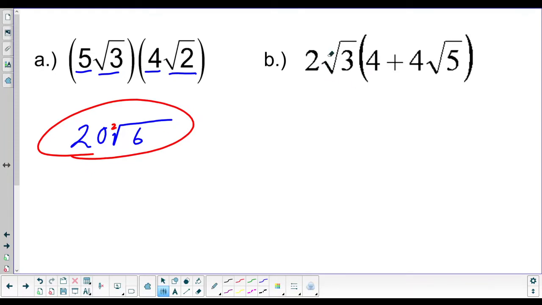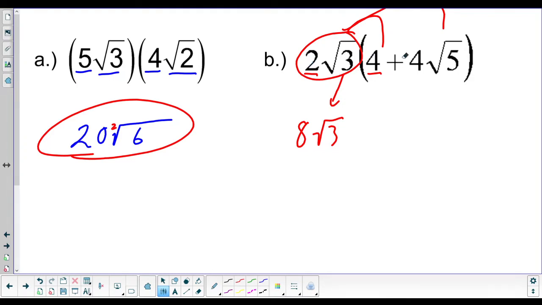All right, here we have 2 radical 3 times 4 plus 4 radical 5. So we're going to take this and distribute it into both of these terms. So 2 radical 3 times 4. We multiply the numbers outside radicals. 2 times 4 is 8. Then this radical 3 doesn't have a radical to multiply with, so we just bring it down.